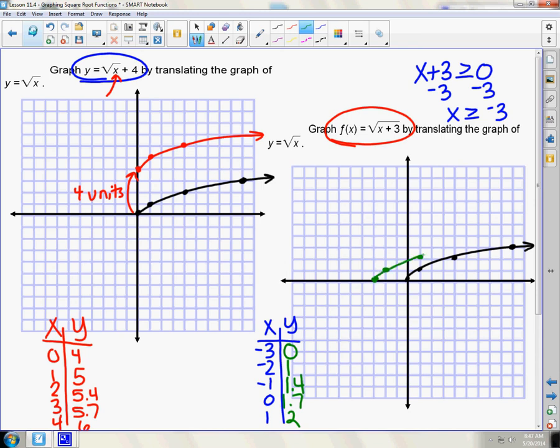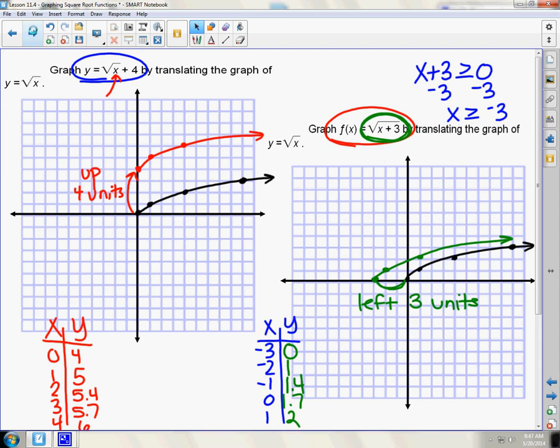If you look at this, what happens is if it's under the radical sign, you have to go left that many units. So this is going left 3 units because it's plus 3. And this is plus 4 outside, so you are going up 4 units.